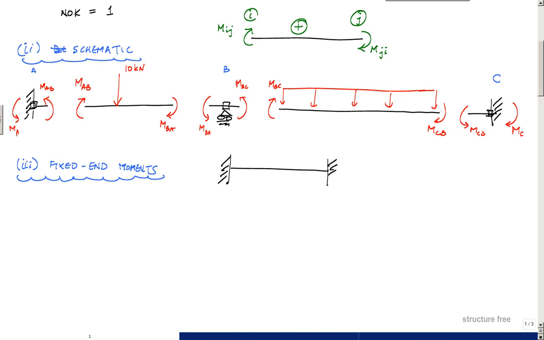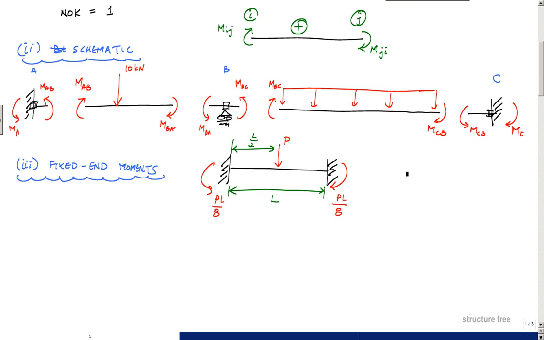Fixed beams right here, and with some generic value for a load like P here. And what you'll discover is that it'll tell you, oh, the moment here has a magnitude PL over 8, and this has a magnitude PL over 8, whereas here, this is the length L. And this would be for the case where I have something applied directly at midspan. And it tells you what these moments are at the ends of a fixed beam.